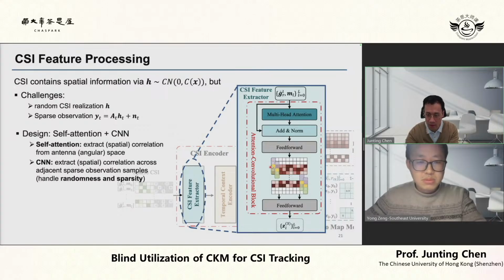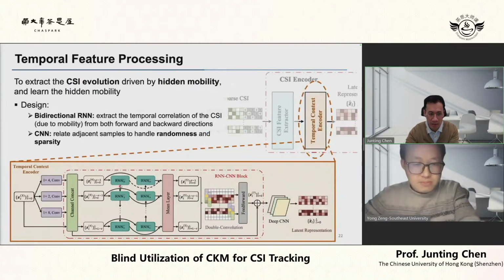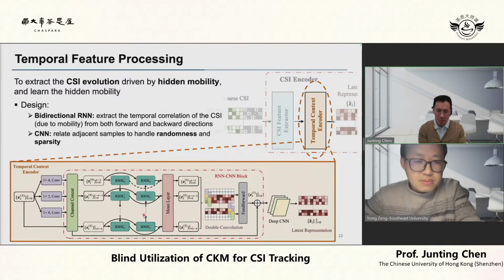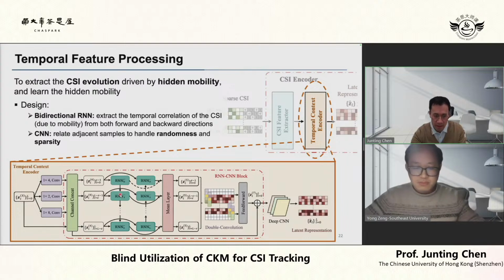To extract the correlation across measurements, we use CNN as well as the RNN structure. I know that this may not be a unique way to design a deep learning model to achieve such correlation extraction, but we tried many different combinations and figured out that this kind of structure works the best.